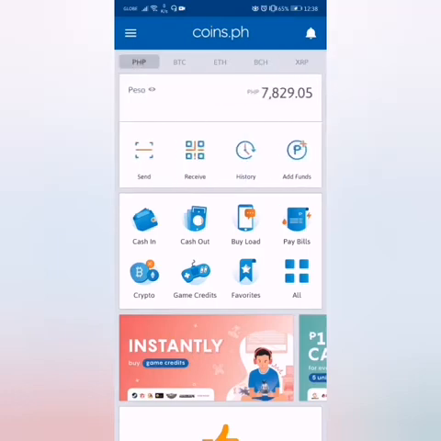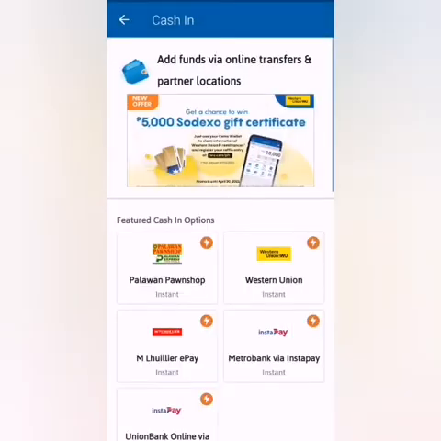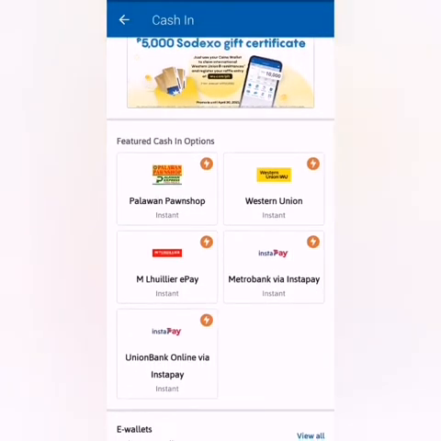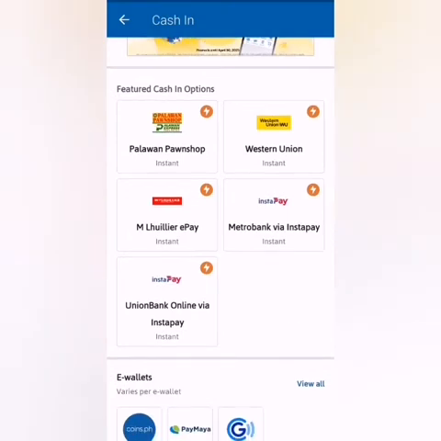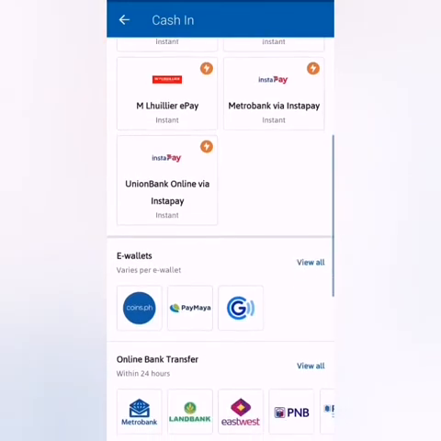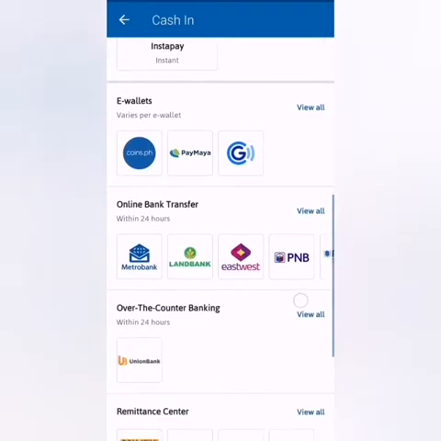Now, you also have this peso wallet. So whenever you cash in your money, it goes straight to here. So cashing in is very easy, just like with Gcash actually. You can do it via online banking, via going physically to a store like Palawan, Western Union. You can do it via Gcash and all that.